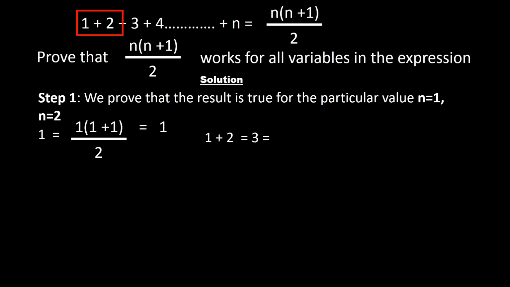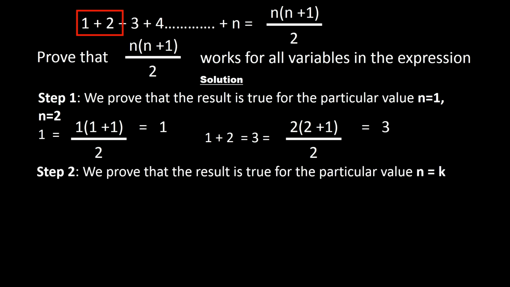Then with n equals 2, it will be 2 into bracket 2 plus 1 divided by 2, which still gives you 3. That's 6 divided by 2, which is 3. So I have confirmed step 1. It is true if n is equal to 1 and n is equal to 2.